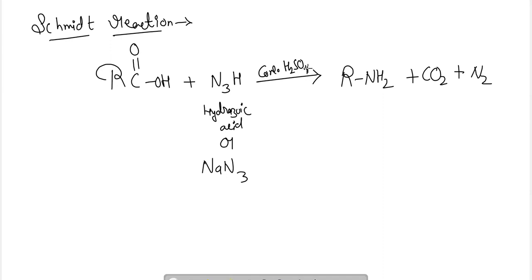Now, the next method is the industrial preparation of amines, and first is from alcohols.